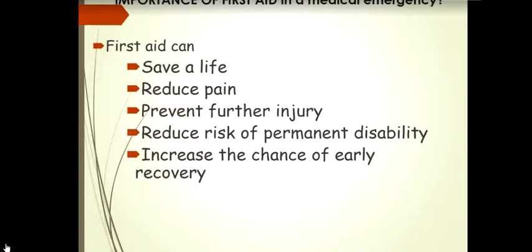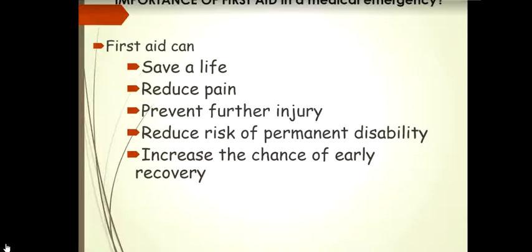So important here is to save a life, to reduce pain, very important, because pain is one of the most important human responses to a life-threatening situation that might involve injury. Next is to prevent further injury, further deterioration.